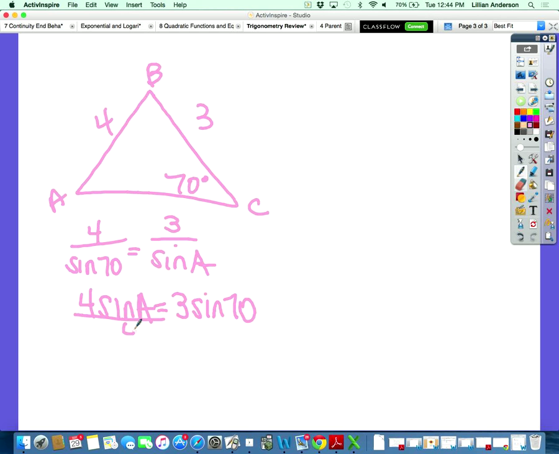Divide both sides by 4, and then take the inverse of sine. Make sure you're in degrees, because we've been using radians.